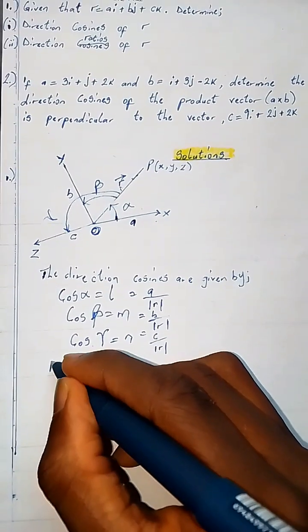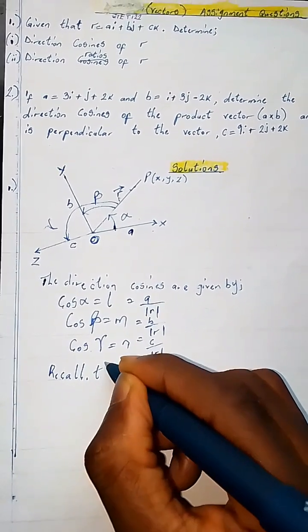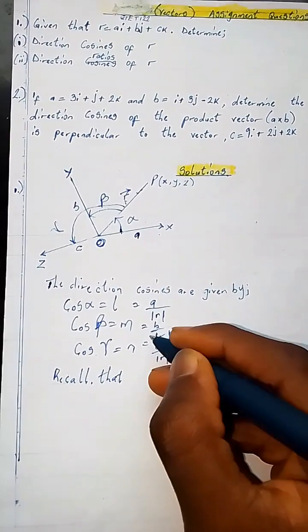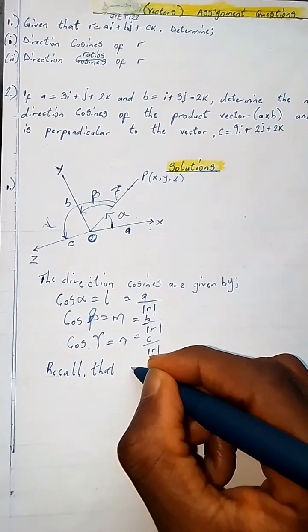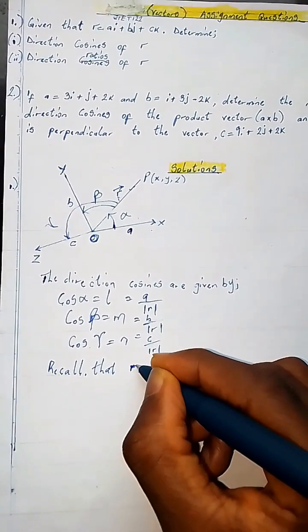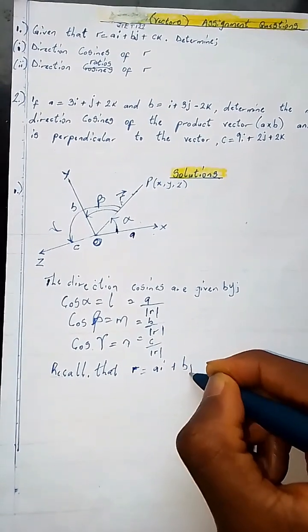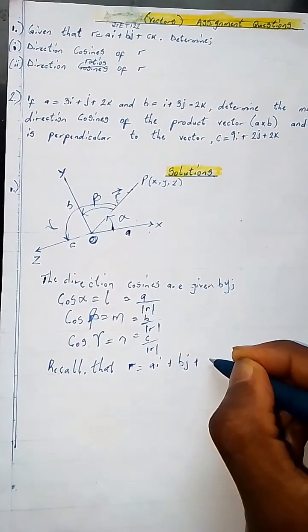So recall that R is equal to Ai plus Bj plus Ck.